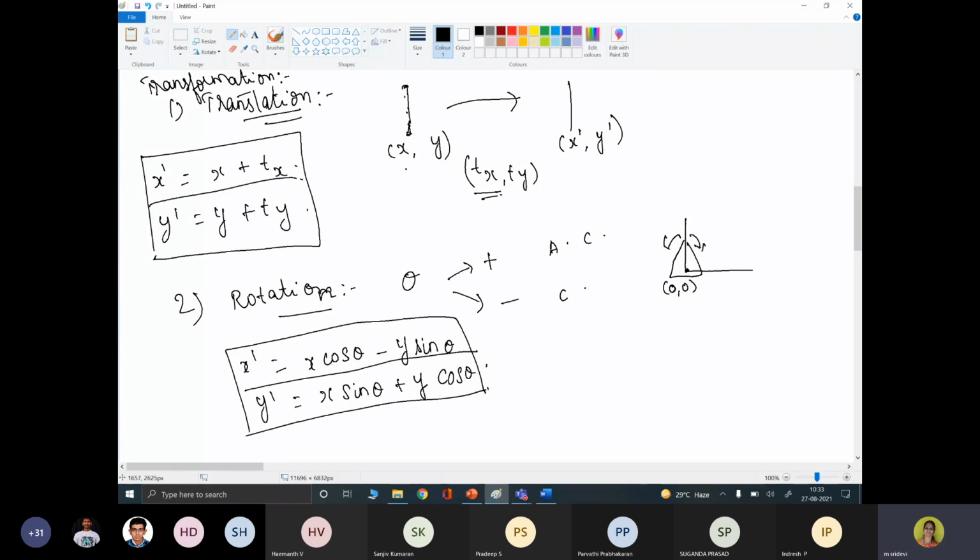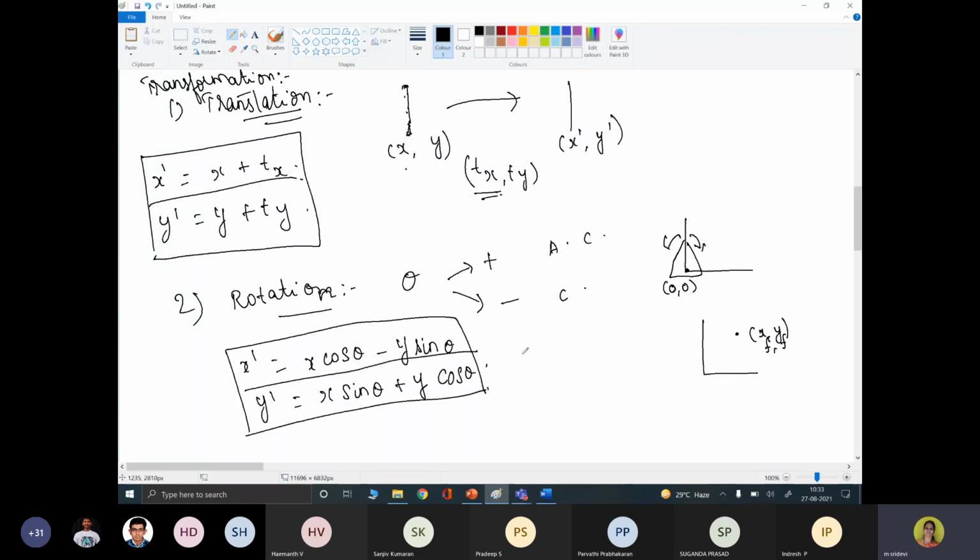When the object is rotated with respect to some other arbitrary point, or some fixed point, what do we have to do? Last class itself we discussed this.